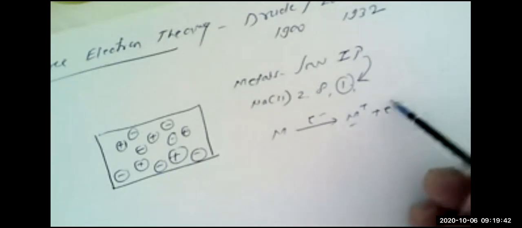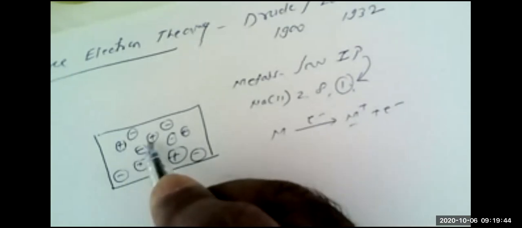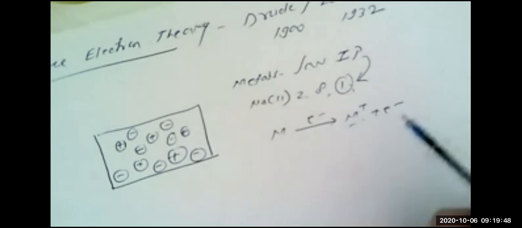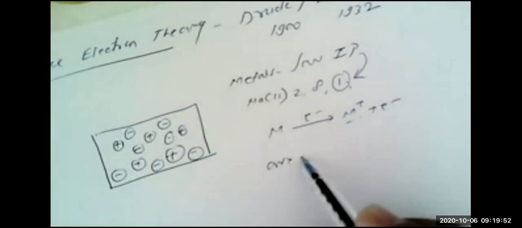The electrons thus removed by every metallic element, that is the positively charged species, do not pertain to only one nucleus, but these electrons now move randomly like this.